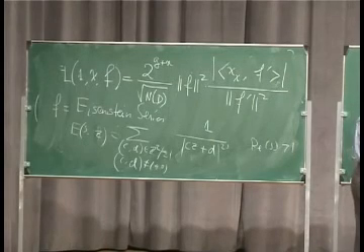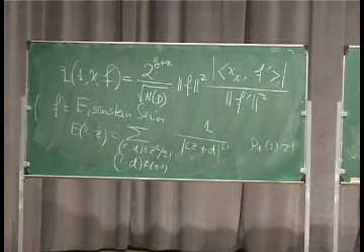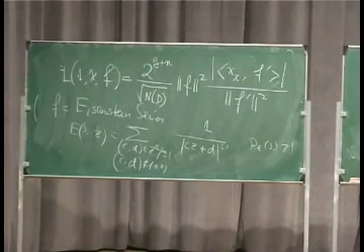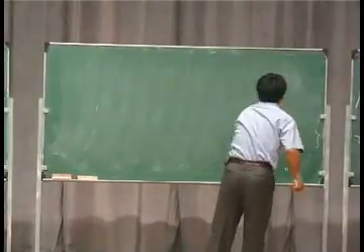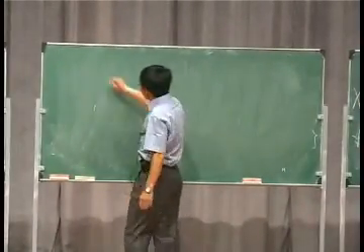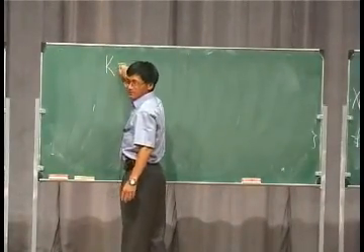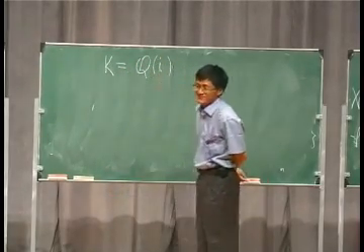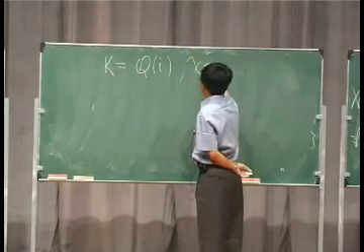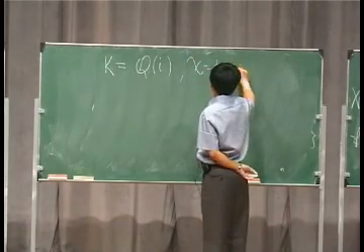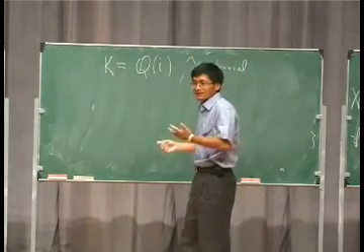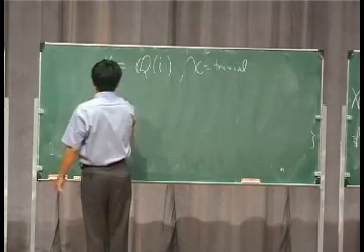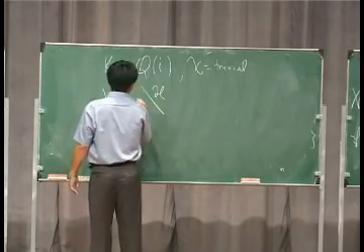Now I pick a K, the simplest thing I can do. So my K, of course, what's the simplest one? Q of i. My chi is trivial. So I have only the modular curve, X is the upper half plane modulo SL2(Z).